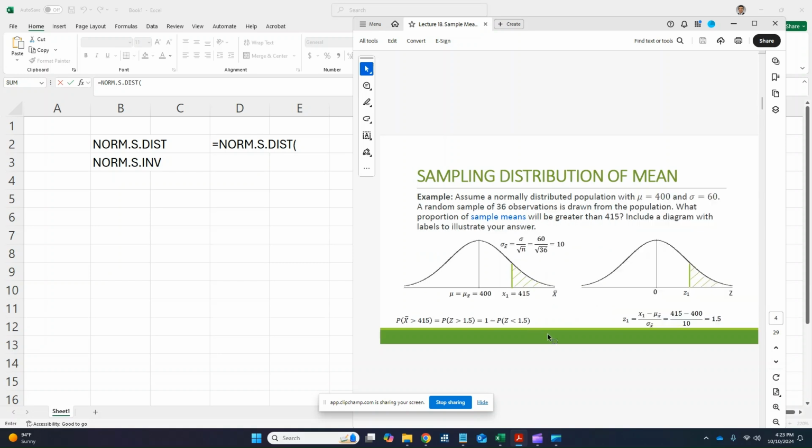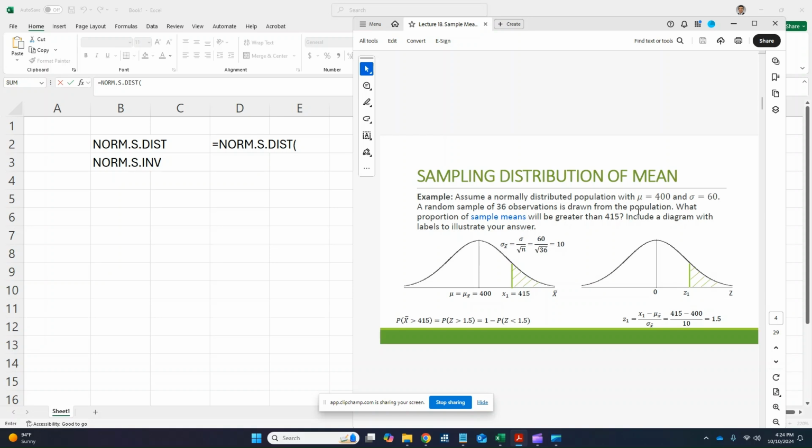To give you a little more context, the distribution is normal with mean 400 and standard deviation 60, and we take a random sample of 36 observations from the population. What proportion of sample means will be greater than 415?